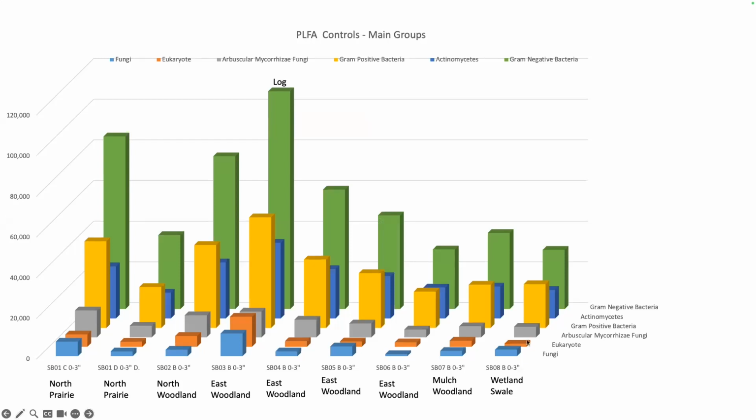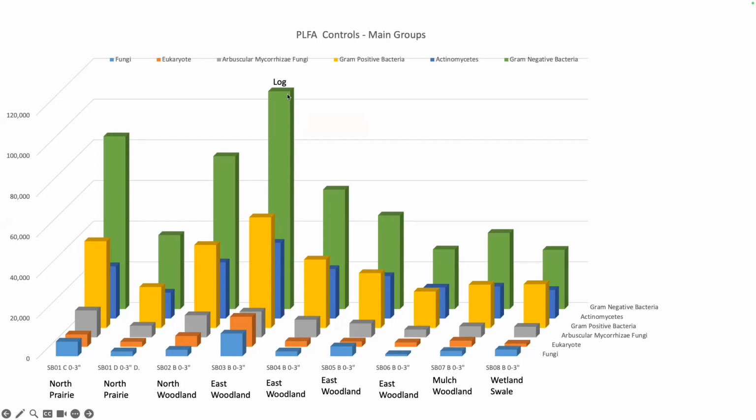So if I plot that, if you take out the main groups here, the fungi, the eukaryotes, the AMF, the gram-negative, pseudomonads, gram-positive, and you look at the composition of these from the different control groups, there is some variation that you can attribute in some cases maybe to the natural community.